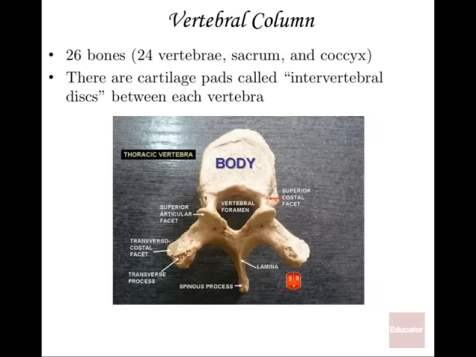The transverse processes is the last one I'm going to mention. They say transverse because it comes out kind of horizontally, and that is where you have the ribs, the back of the ribs fitting into each of those backbones or vertebrae. And there's a little well, or a fossa, that fits very well with a little condyle, a little protruding part on the ribs.